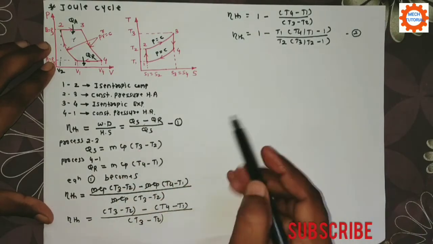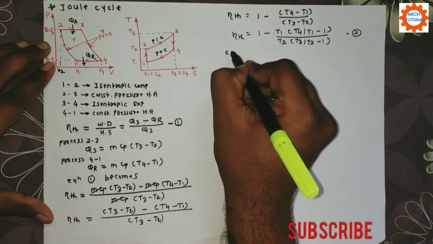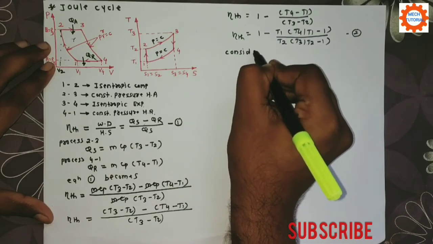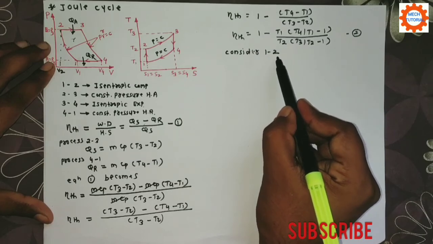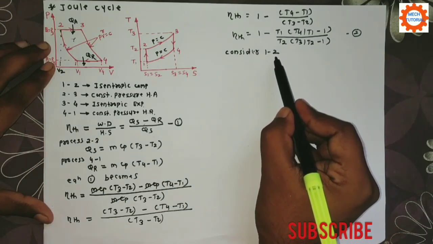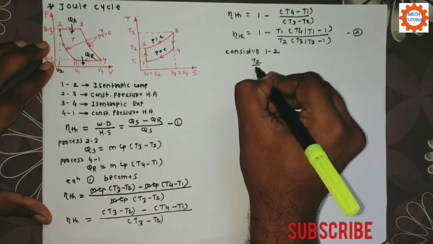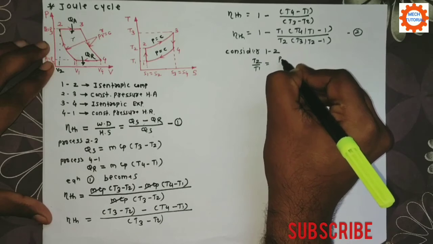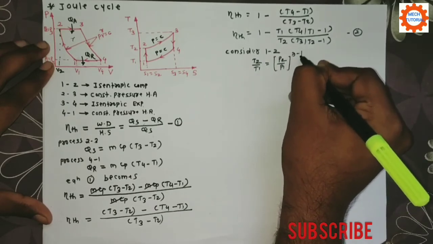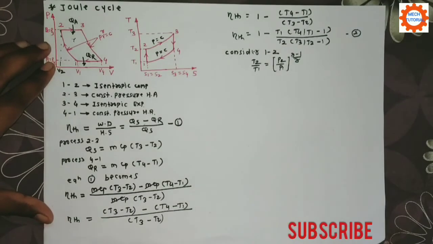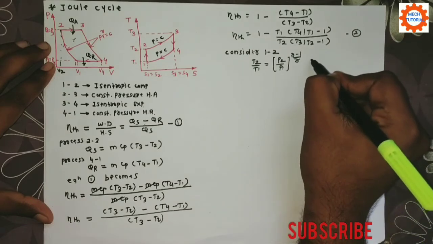Now consider the process 1 to 2. The 1-2 process is known as the isentropic compression process. So we know that the relation between the temperature and pressure for the isentropic process is T2 upon T1 is equal to (P2 upon P1) raised to the power (gamma minus 1) divided by gamma. Here P2 upon P1 is nothing but the compression ratio.